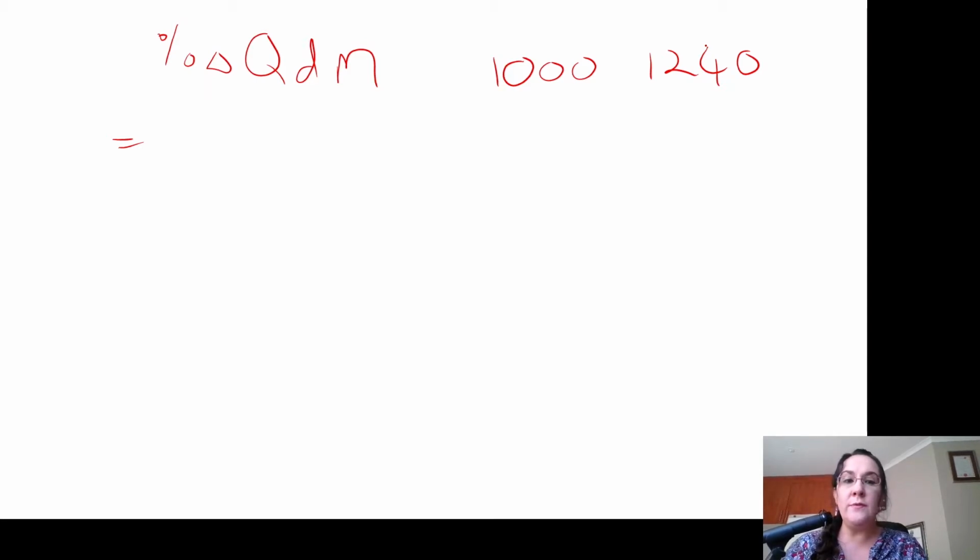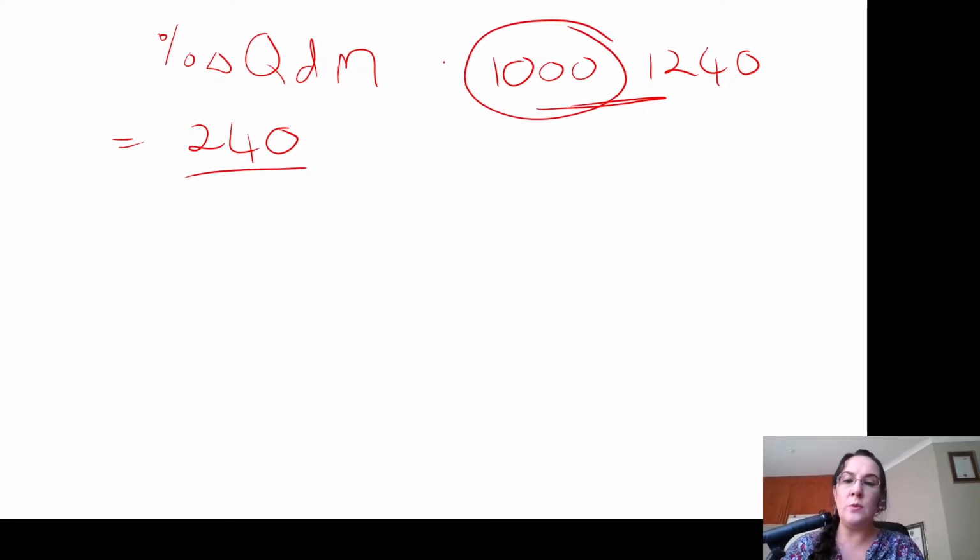The difference is 240. Then I'm going to divide it by the original quantity, which was 1,000, and times it by 100, and that should give me 24%.